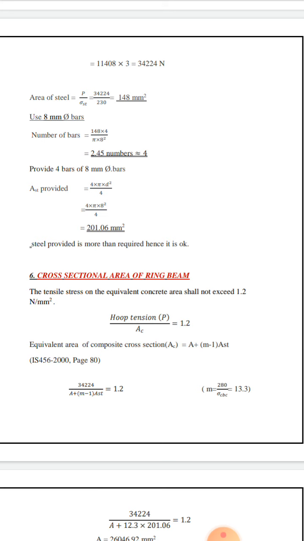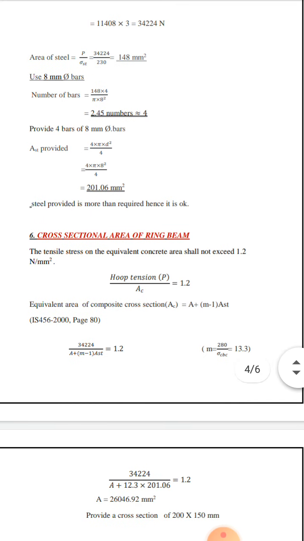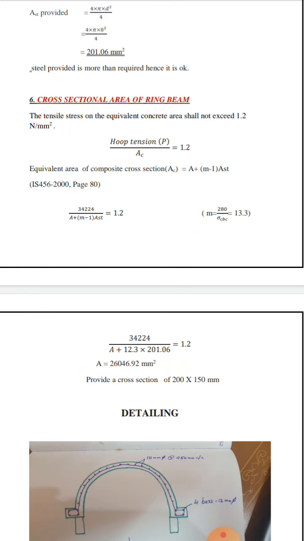Next is the cross-sectional area of the ring beam. The tensile stress on the equivalent cross-sectional area shall not exceed 1.2 Newton per mm square. Hoop tension divided by Ac is 1.2. The hoop tension was calculated as 34224 in the above step. So you will get Ac as 26046.92.